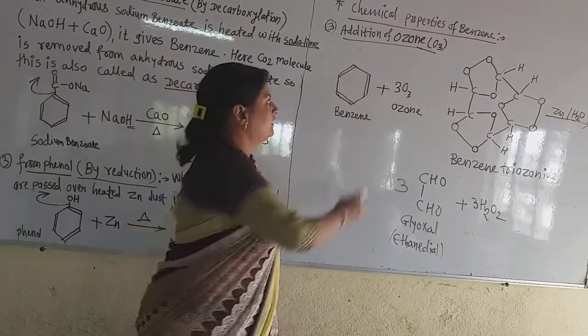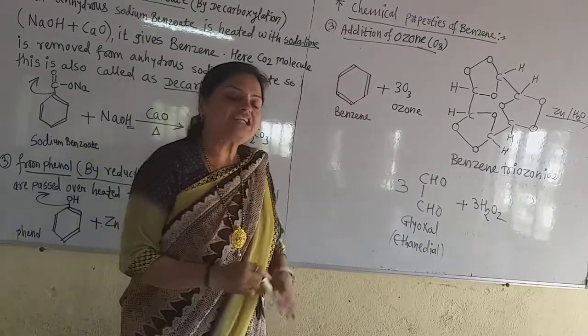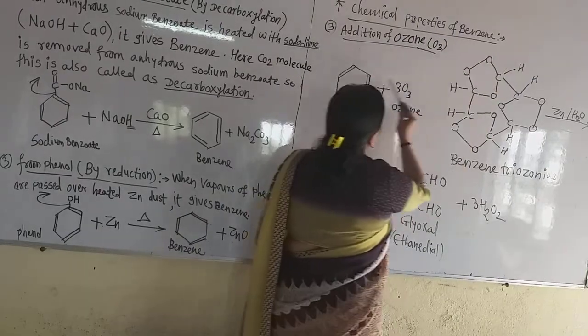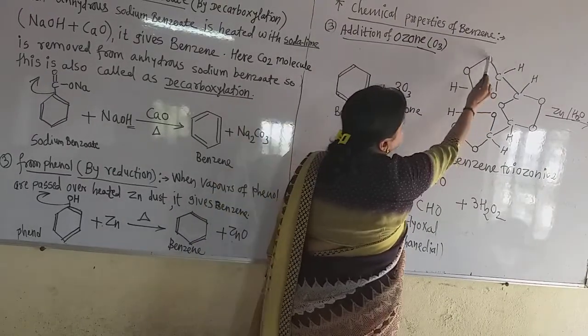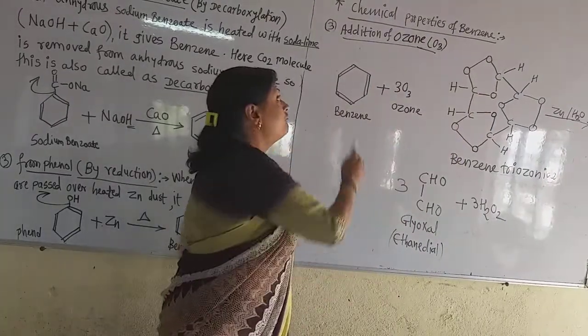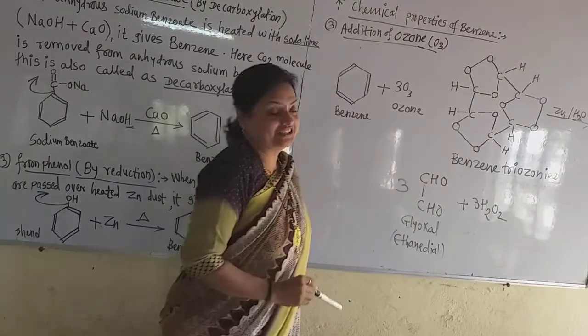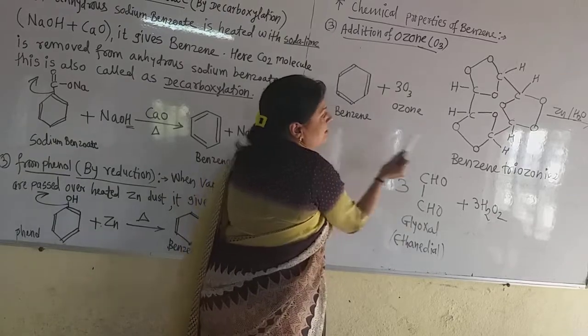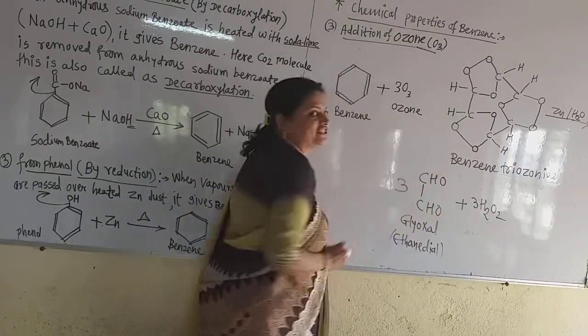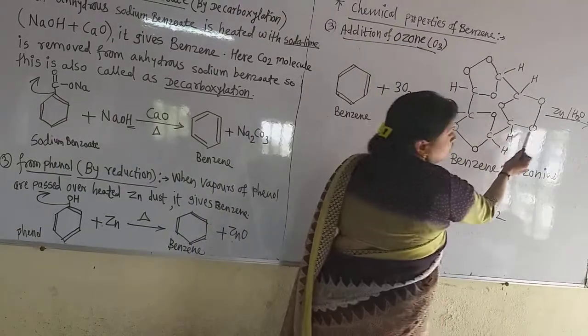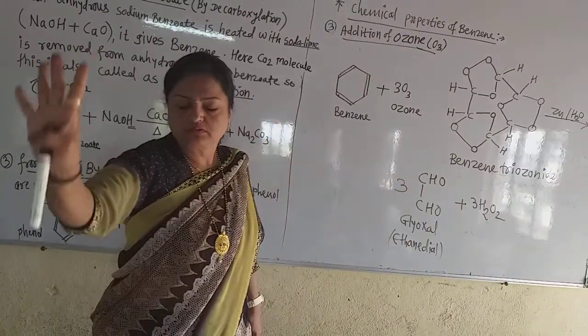Every double bond, there are 3 double bonds, adds 1 ozone molecule. Now here, in this double bond, this O3 gets added. That means 1 oxygen in 1 bond and 2 oxygens in the other bond. Similarly, in this double bond also there is the addition of an ozone molecule. And in this double bond there is also the addition of an ozone molecule.